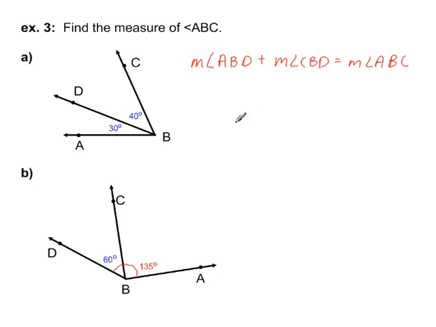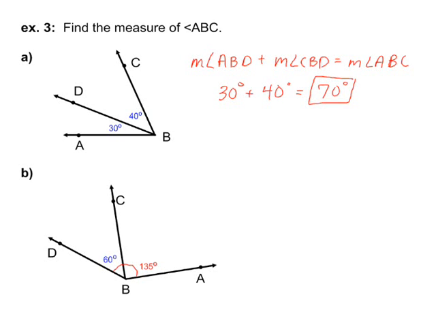So plugging in, ABD is 30 degrees, indicated there by that 30. I'm going to add 40 degrees to it since that's the measure of CBD. And 30 plus 40 is 70. So the measure of ABC is 70 degrees.